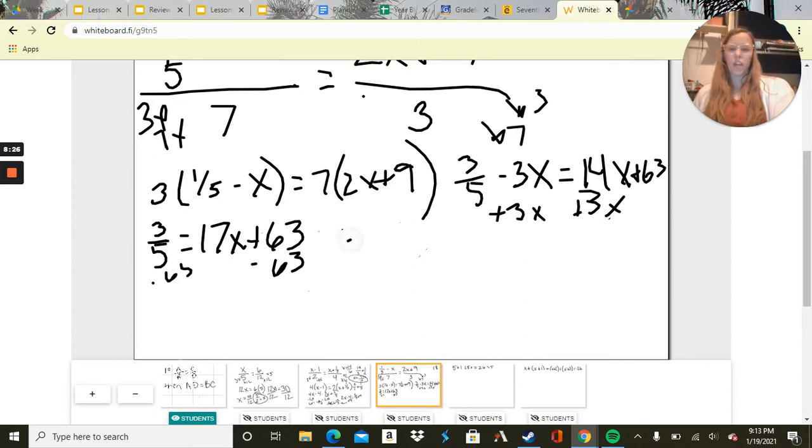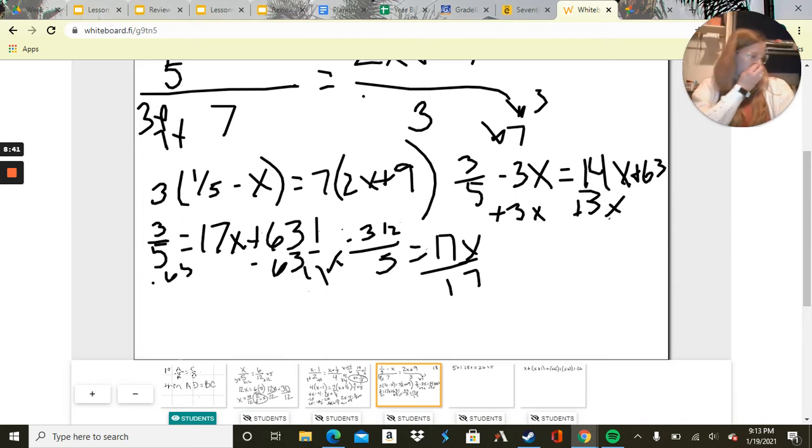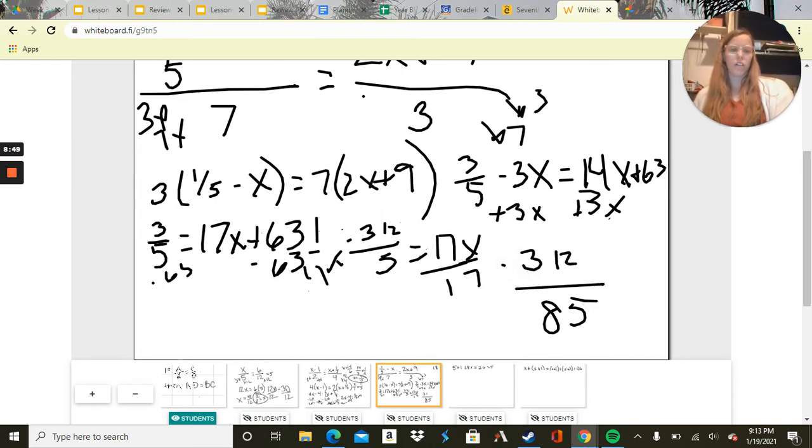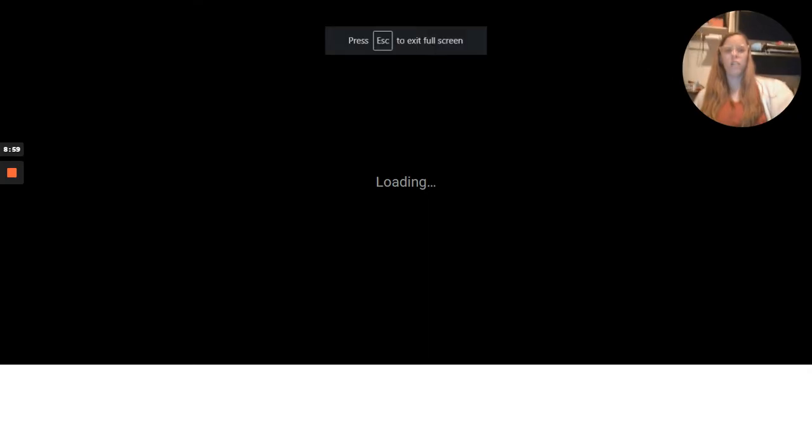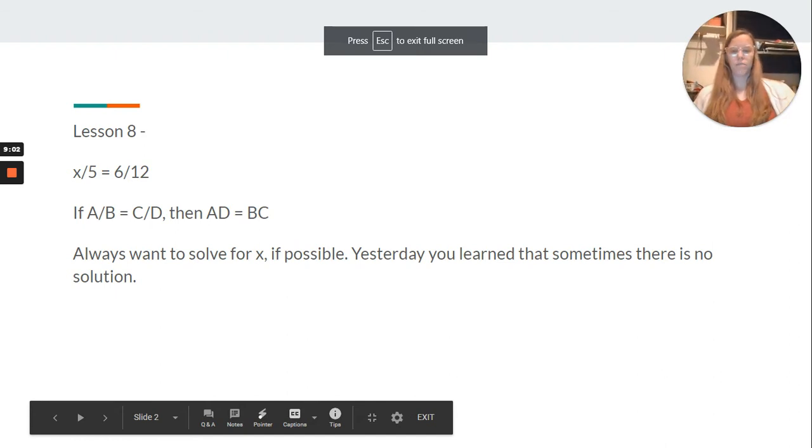So we have negative 312 over 5 equals 17x. Divide by 17, which is going to be the reciprocal, so times 1 over 17. 17 times 5 is actually 85, but we still have the same on top, so our answer is negative 312/85. Again, I apologize for that.